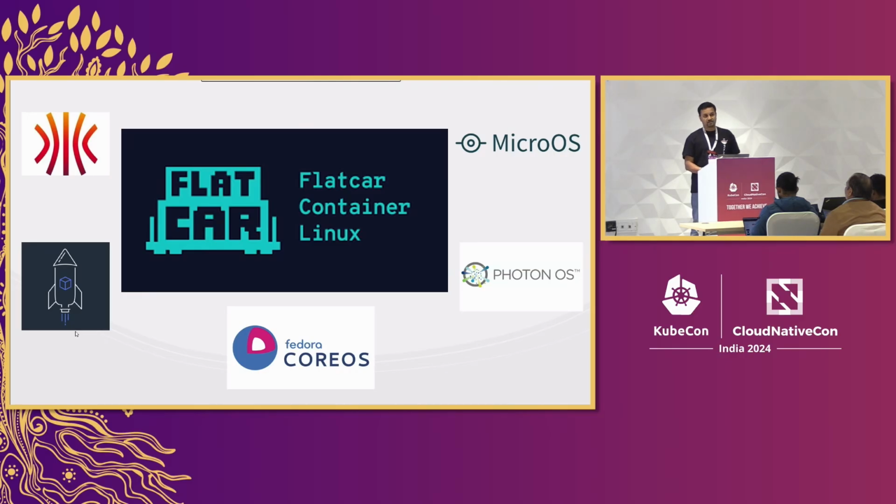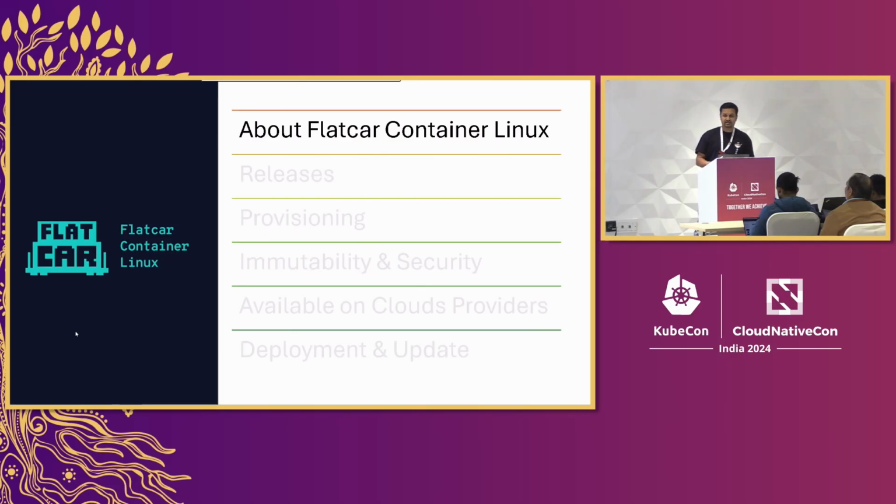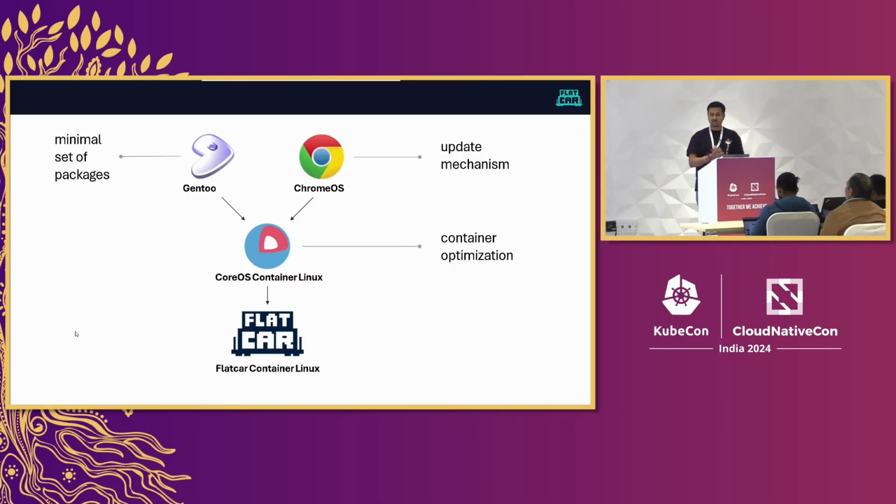But given I'm from Flatcar, I'll be going in depth with Flatcar. So, about Flatcar Linux. Flatcar essentially was forked out of CoreOS Container Linux, which also has a lineage from two other OSs: one is Gentoo, which provides the package base for Flatcar Container Linux, and the other is Chrome OS, which gives the update mechanism where we auto update things.